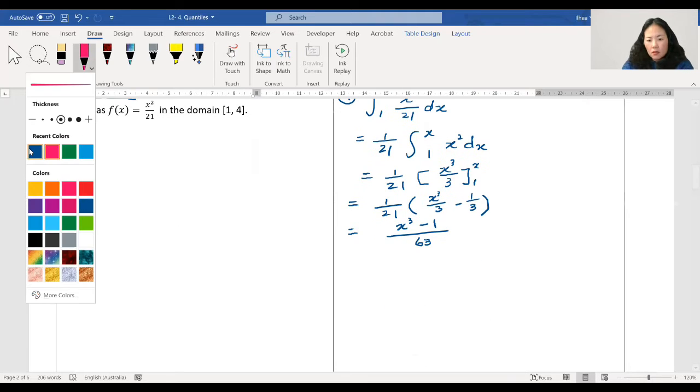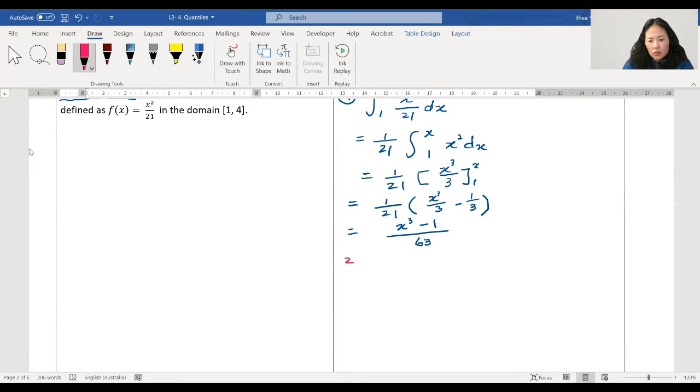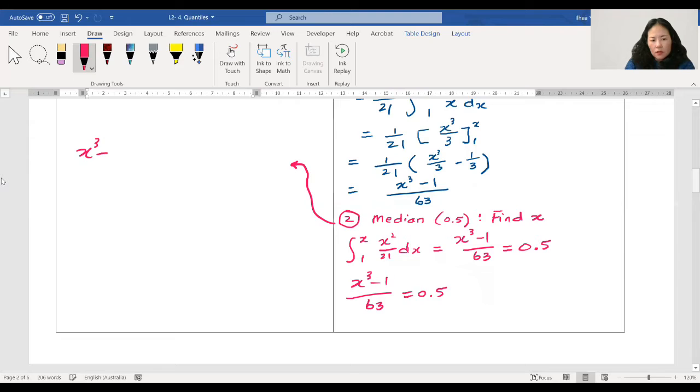Okay, so step 2, I'm going to find the median. The general formula we simplified needs to be 0.5. So now we have to find the x value. So x cubed minus 1 equals 0.5 times 63, which is 31.5. So x cubed equals 32.5.